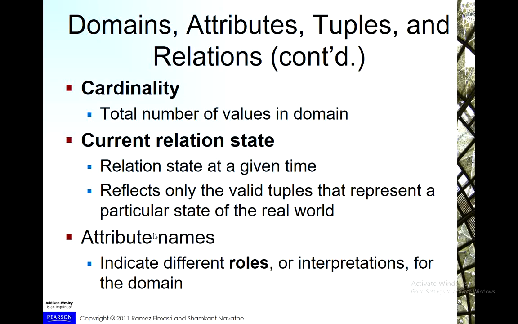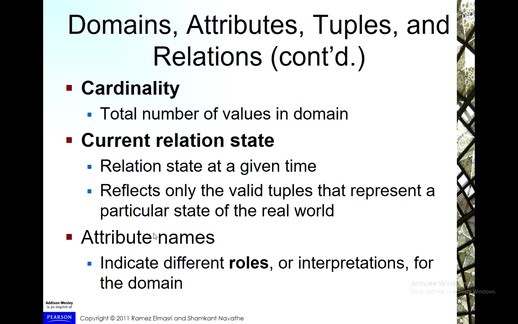So the database state or the relation state constitutes the current state of the database before it has been modified or changed or maintained or evolved or improved. So any state that was there is considered the valid state. We call it the valid state or the current state of the database.